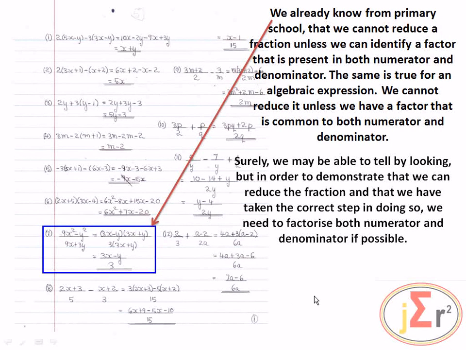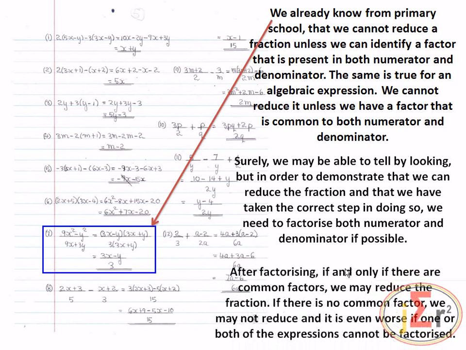So let us attempt to factorize both numerator and denominator if possible. After factorizing, if and only if there are common factors, we may reduce the fraction. If there is no common factor, we may not reduce, and it is even worse if one or both of the expressions cannot be factorized.